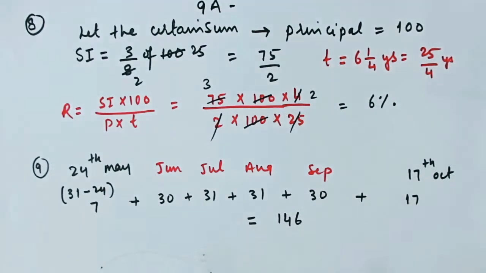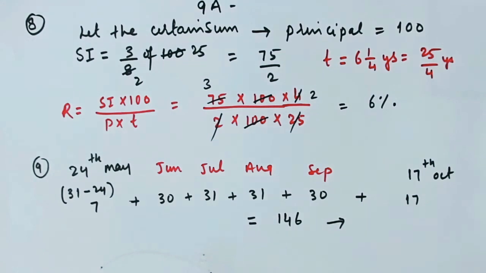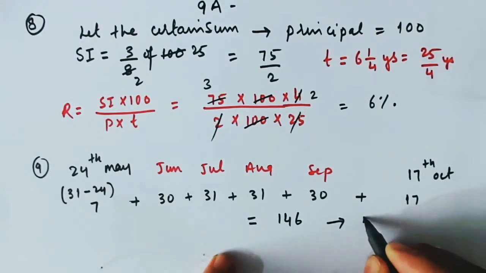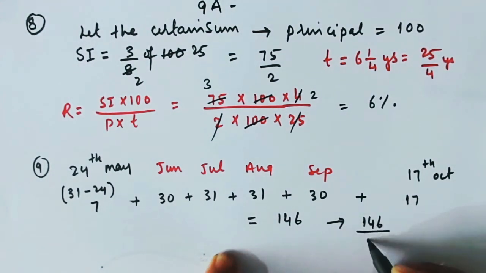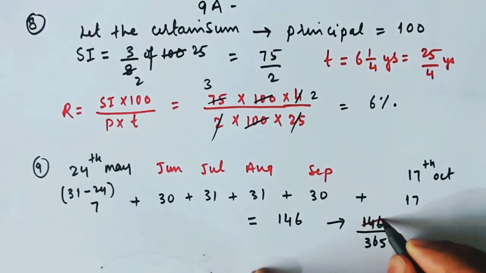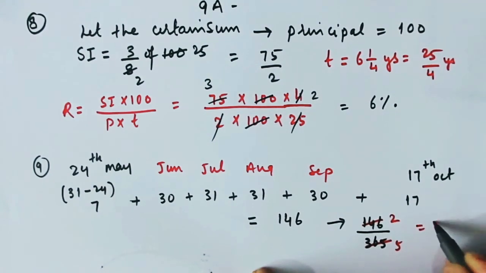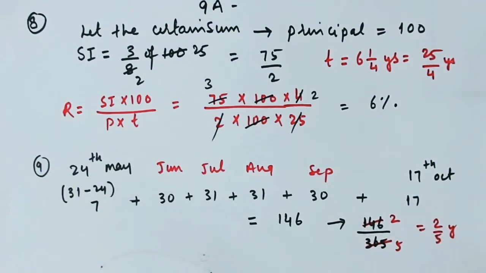And I had already said that these numbers will all be divisible by 73. Let us convert this into years. So 146 divided by 365. 73 how many? 73 2 times. 73 5s are 365, which means 2 by 5 year. Only here you have the problem, otherwise nothing else. Do you know the principle?